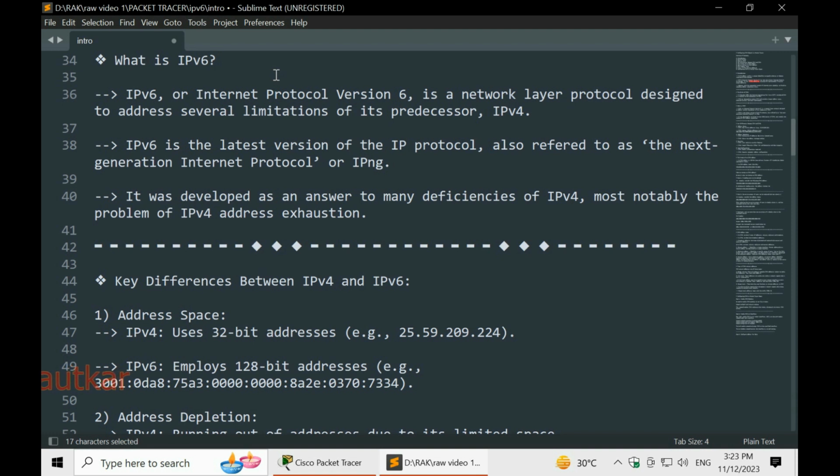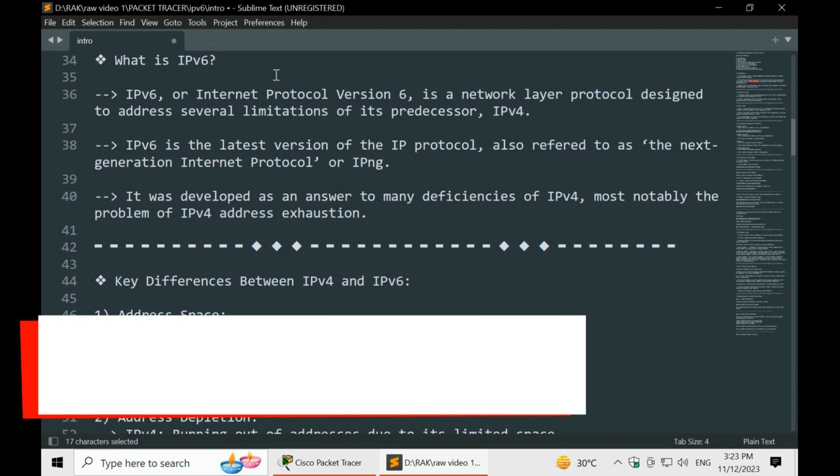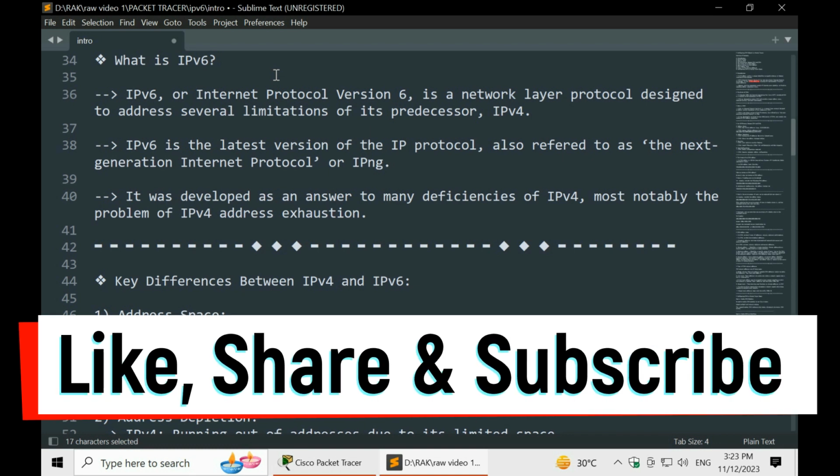IPNG stands for IP Next Generation, because the address space they have proposed with IPv6 will not get exhausted in the upcoming 100 or 200 years. That's why it is also referred to as the Internet Protocol of next generation.